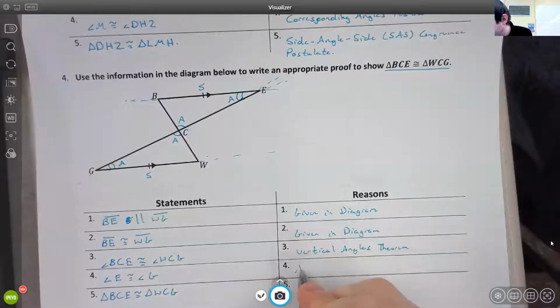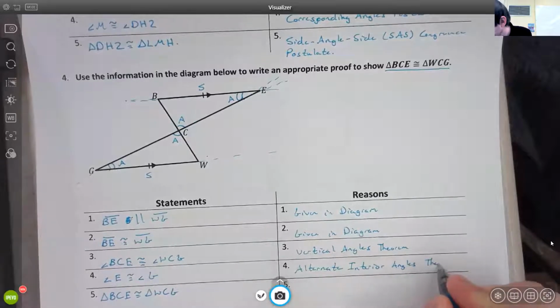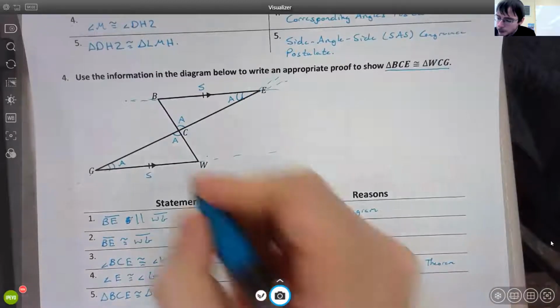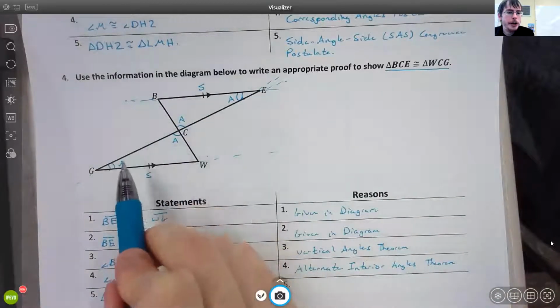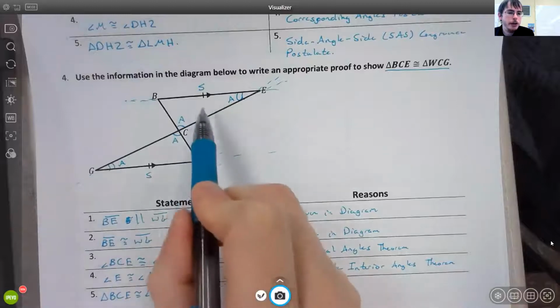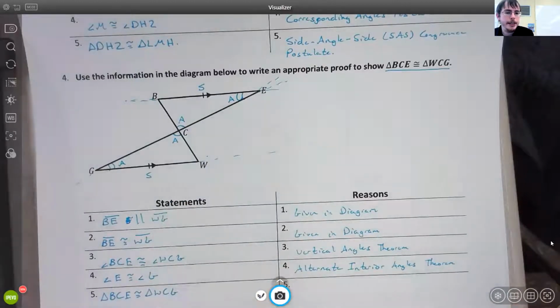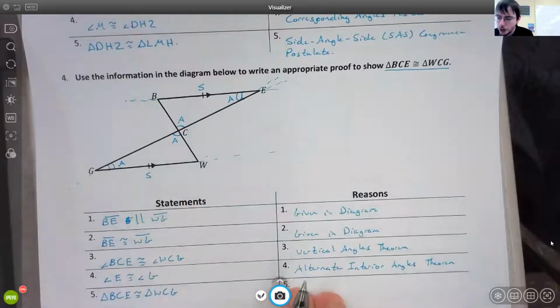By the alternate interior angles theorem. If we look here, we have two pairs of angles. We also have one pair of sides, and we can see that the sides are not between the two angles.